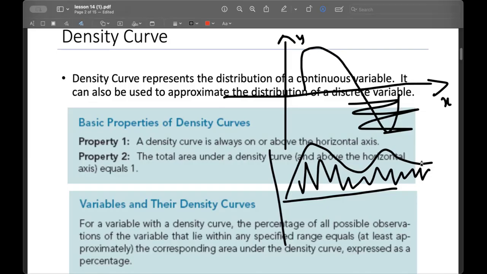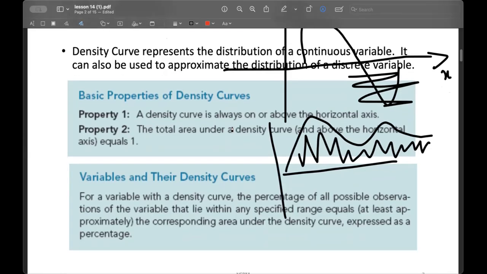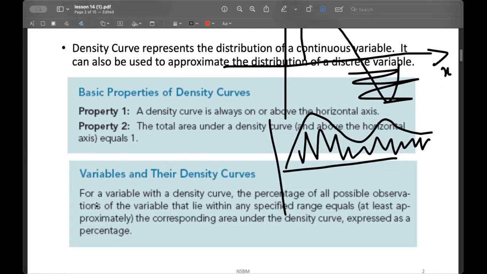Yes. For the next one, variables and their density curves: for a variable with a density curve, the percentage of all possible observations of the variable that lie within any specified range equals, at least approximately, the corresponding area under the density curve expressed as a percentage.